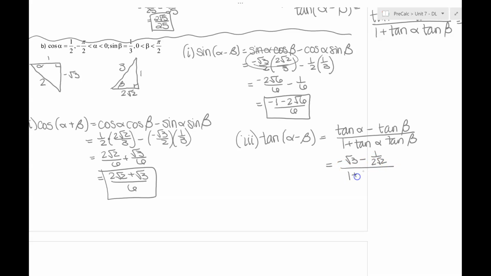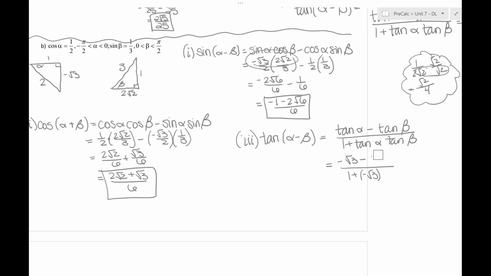So then we get 1 plus negative rad 3. We'll rationalize. Okay, so 1 over 2 rad 2. I'm going to multiply by rad 2 over rad 2. That gives us rad 2 over 4, because this multiplied together is 2 times the other 2 is 4.